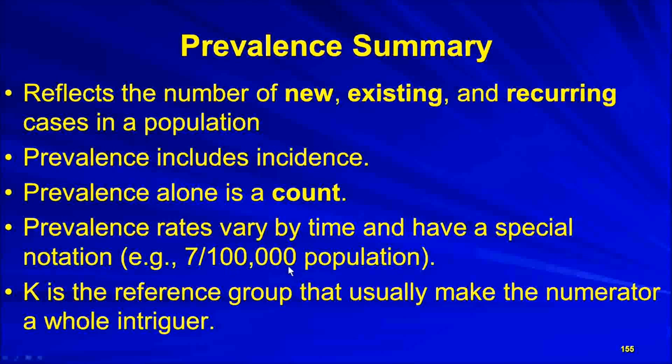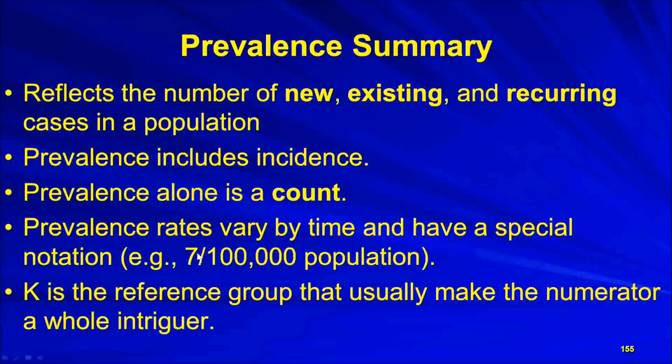And K, which this is, the 100,000, is the reference group that usually makes the numerator a whole integer. Okay, so you notice that we have 7 here, and that was determined by looking at the raw data, and that makes this a whole integer because epidemiology deals with people, so we want to deal with whole people.